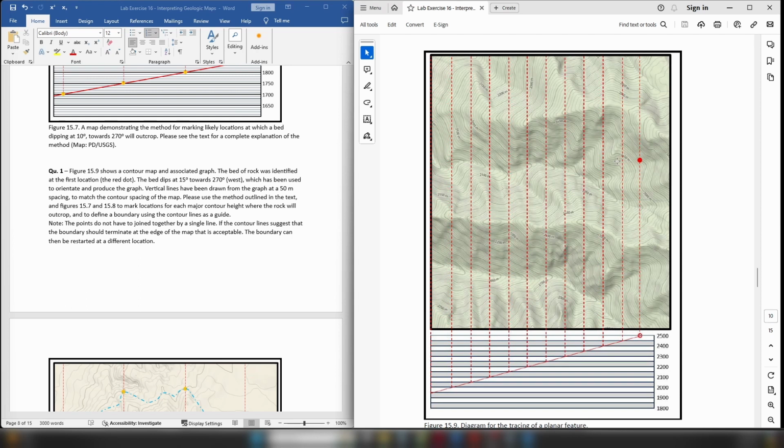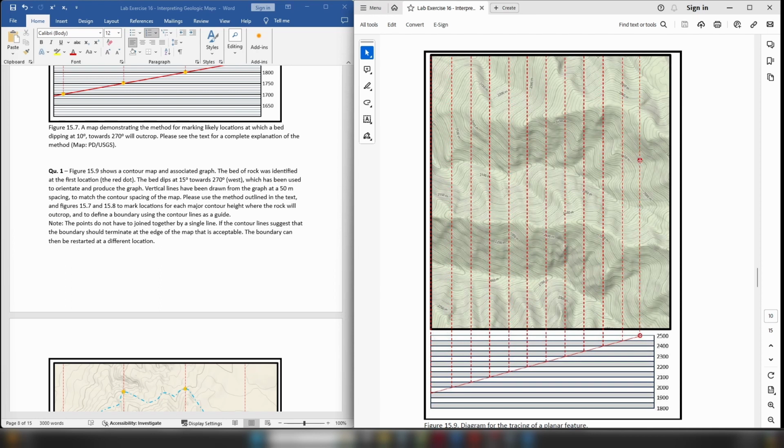So just like in the worked example, you are going to mark every location where the vertical line here crosses a contour line of the same height. In the case of this 2,500 meter line, you can see it's coming up like so.